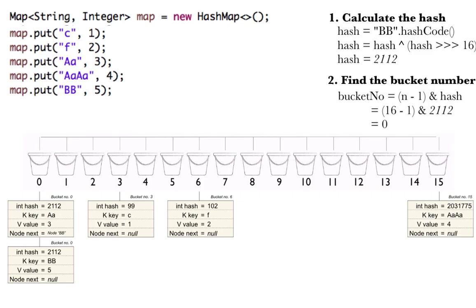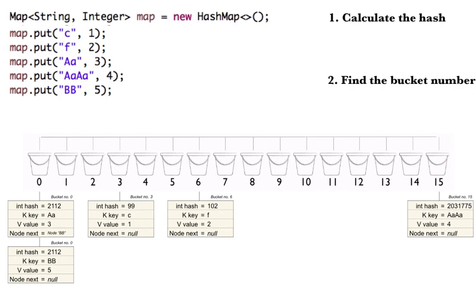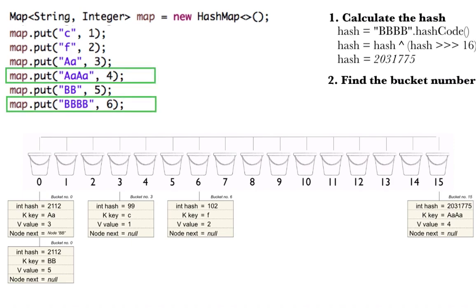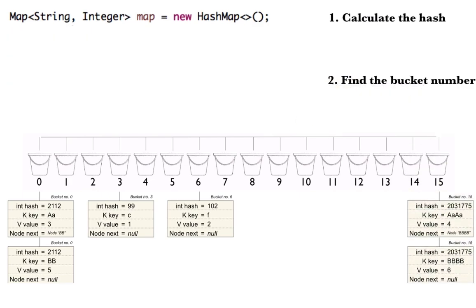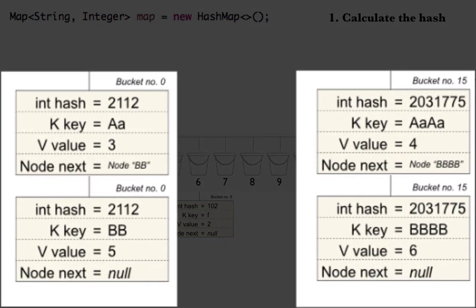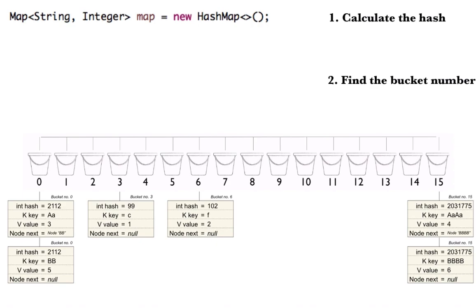Therefore, after checking that the key is not duplicate, this node is placed after this previous node, which creates a linked list. Similar to the previous case, the key BBBB also have the same hash value 2031775 as string AAAA. So it goes in the same 16th bucket after the previous node. Now talking about the next variable in our node, observe that it's now pointing to the next node for both our linked lists.